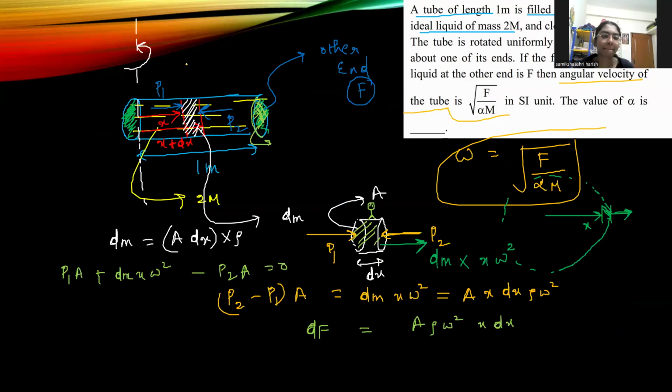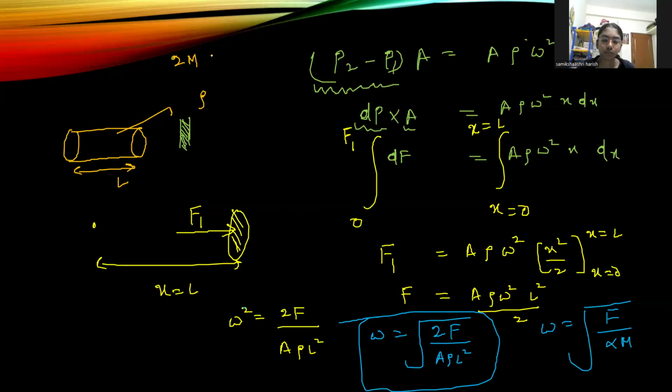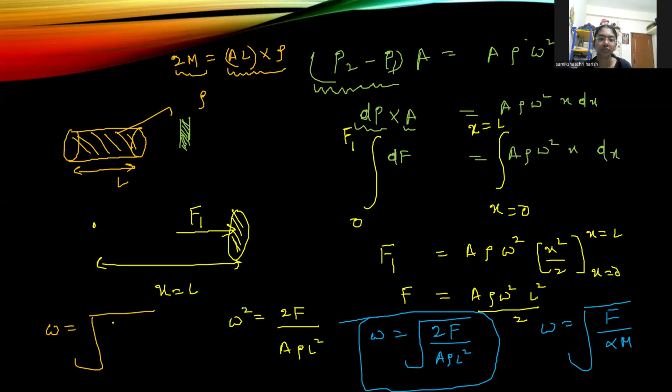Now see. Can I say mass is volume into density? Total mass: volume is area into length, into density. Then can I say this A rho L is 2m?